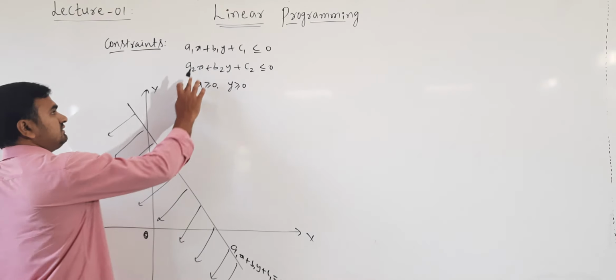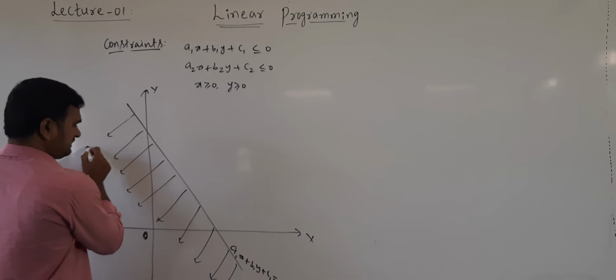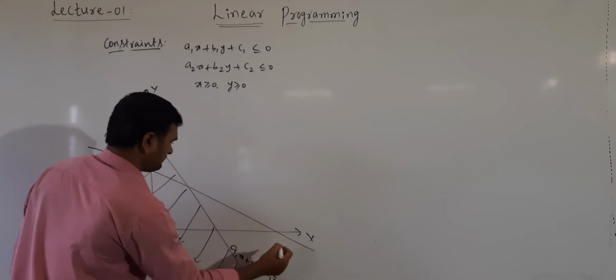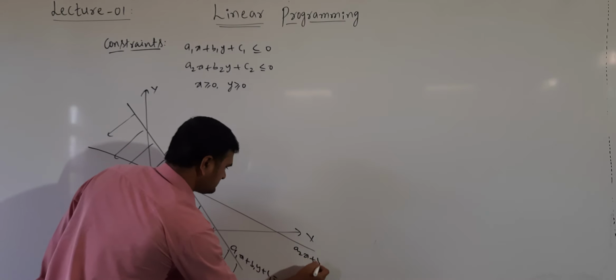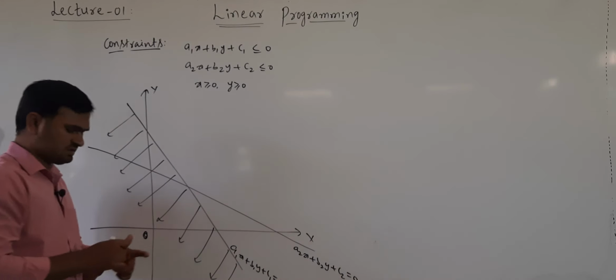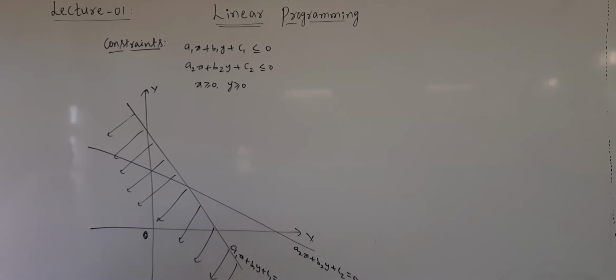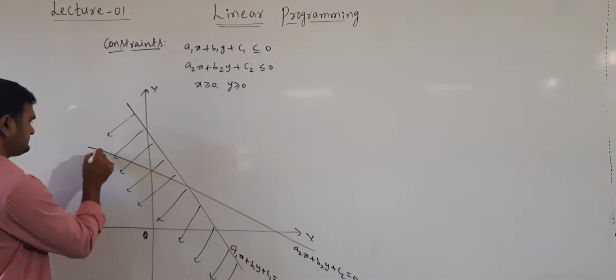Next, a2x plus b2y plus c2 less than or equal to 0. Suppose we have another inequality like this. This is a2x plus b2y plus c2 equal to 0, and we are taking the region below the line, for example the region present below this second line.